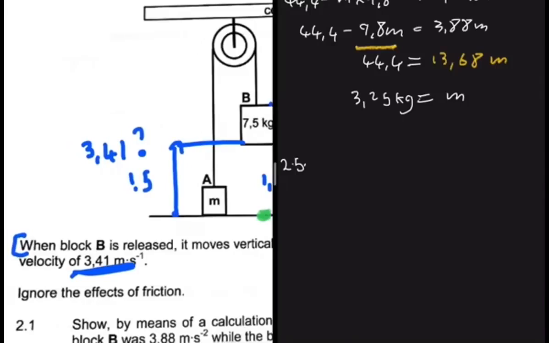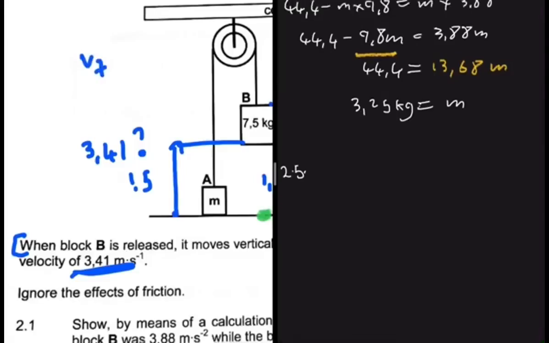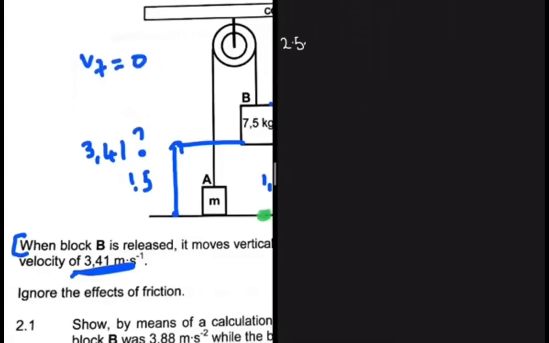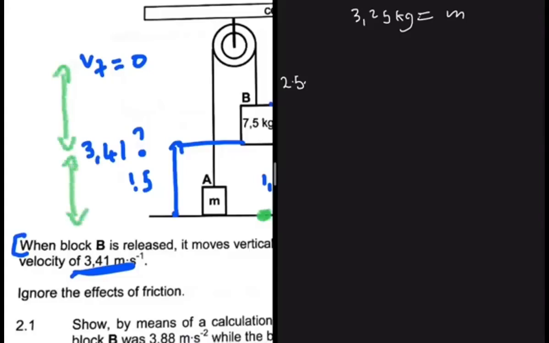We want the maximum height above the ground, right? But then another thing we have is VF, which is at the maximum height we're interested in. That VF is equal to 0, because at that point, your object will no longer be going up. So if we find this height here, and then we add it to the 1.5 we have, then we have the height of object A above the ground.